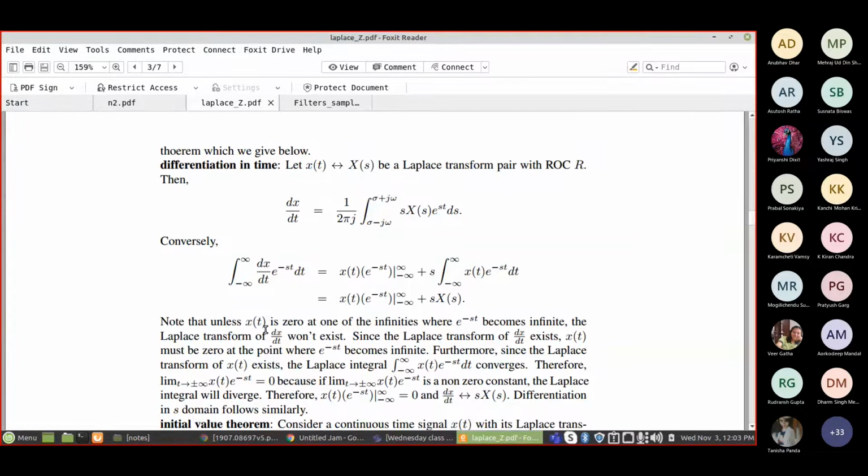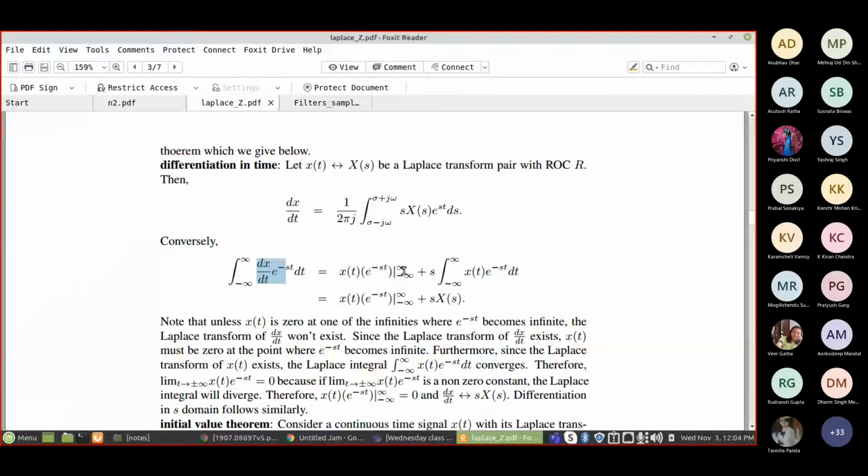That is the underlying assumption, and with that hypothesis we are trying to find the relation between the Laplace transform of x and of d/dt of x. The Laplace transform integrals must converge both for dx/dt as well as for x. So this integral converges as well as the integral for x, and x times e to the power minus st with these limits also converges.